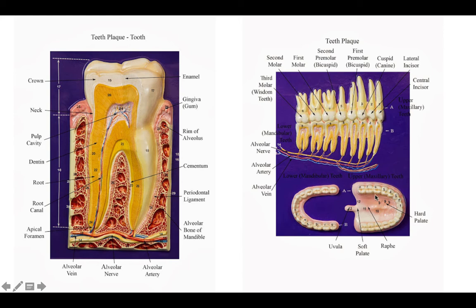If you multiply that times 2 for the other side of your mouth, you come up with 20 teeth. So you have about 20 deciduous teeth as a child that you have to lose, and then those are replaced with your adult teeth.